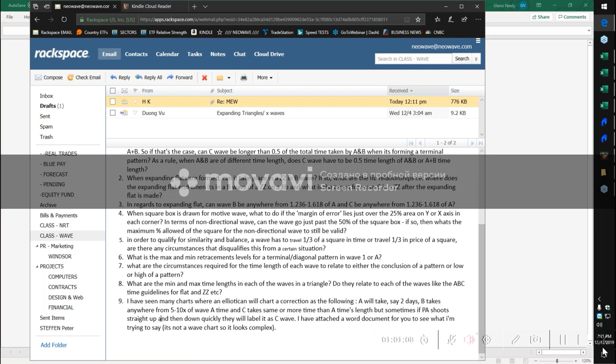Right, okay. I've seen charts where they count as correct: A will take, say, 2 days, B takes 5, C takes the same as A. Yeah, you should never have wave C take the same amount of time as wave A in any kind of flat or zigzag. Unless you're dealing with a super simple chart, where each wave takes one data point, that's different.